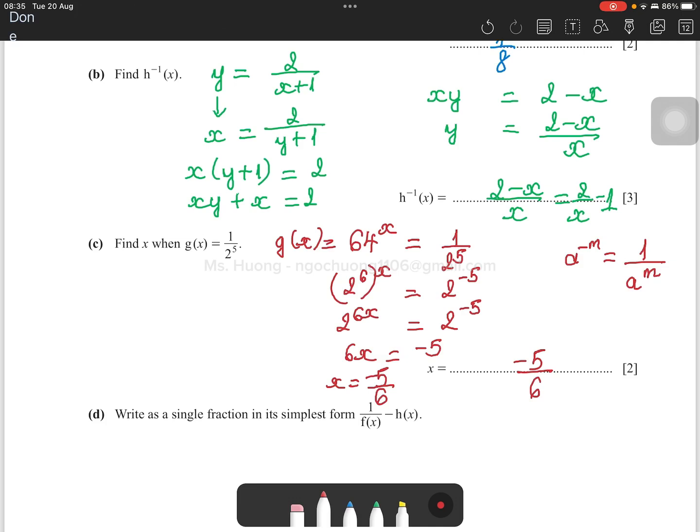D. Write as a single fraction in simplest form 1 over f of x minus h of x. You know that f of x is 5x minus 3 and h of x is 2 over x plus 1.